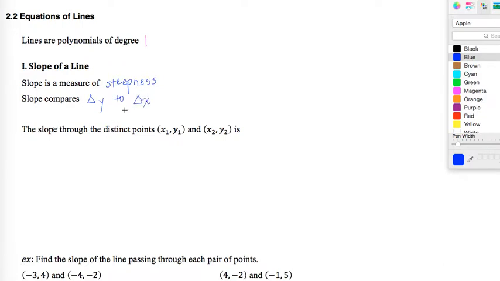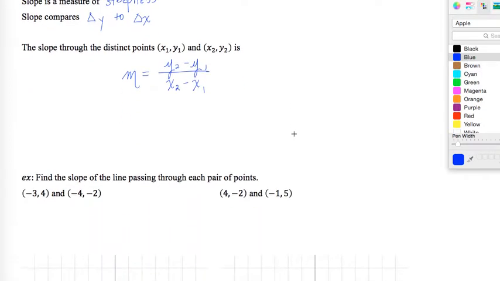So the slope through these 2 points, x1, y1, and x2, y2, we usually call slope m. The difference between the two y values, so y2 minus y1, over x2 minus x1. So find the slope of the line passing through these two sets of points.